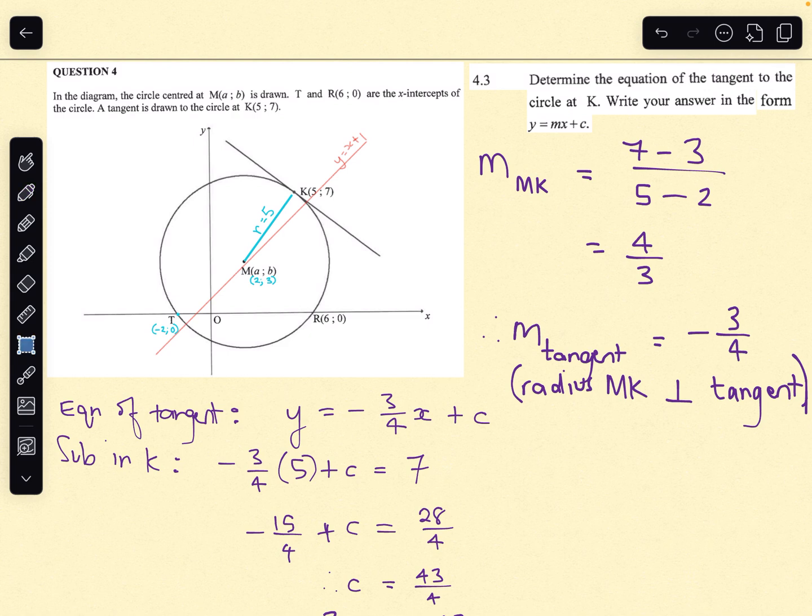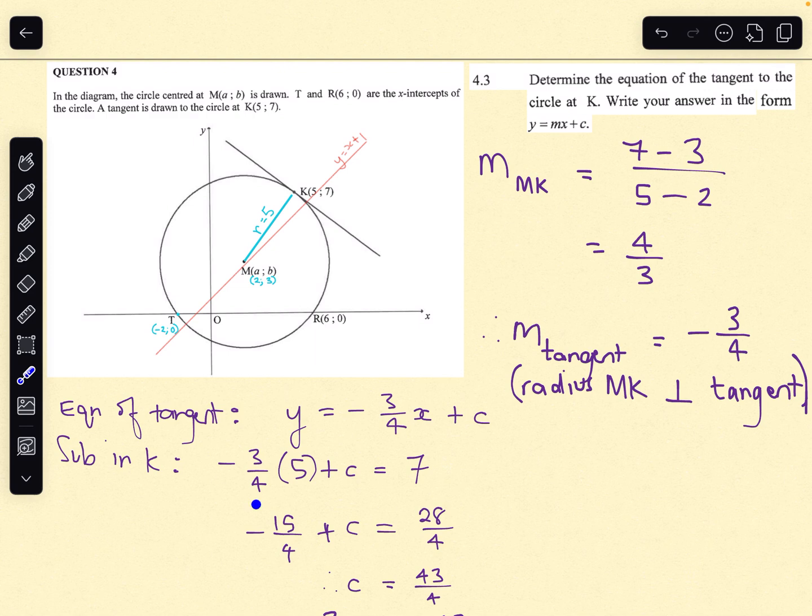Okay, so let's see. We said the gradient of MK, so we did the difference between the y coordinates divided by the difference between the x coordinates. So 7 minus 3, which is 4, over 5 minus 2, which is 3. So then the tangent's gradient will be the negative inverse of that, minus 3 over 4. So then the equation of the tangent will be y is equal to minus 3 over 4x plus c. And then we know that the point K lies on the tangent, so we sub it in.